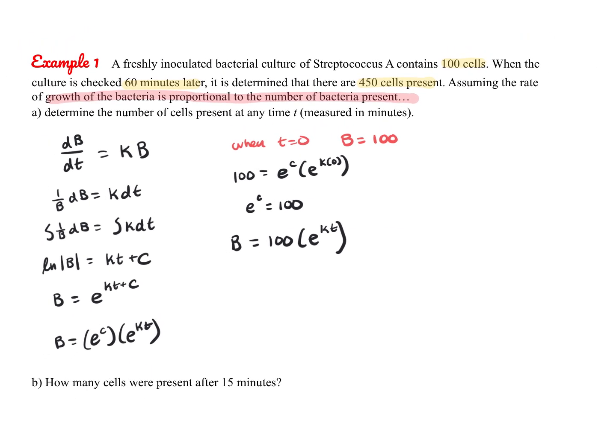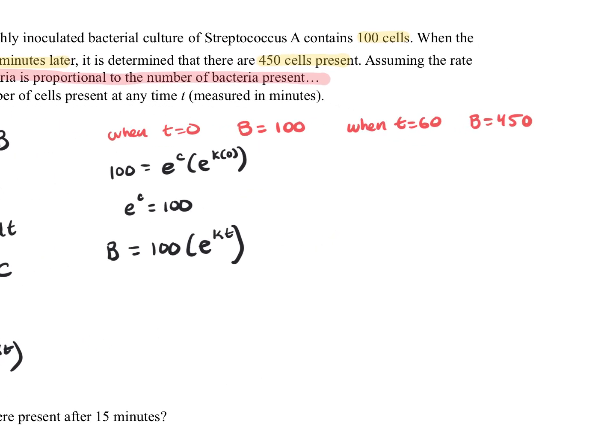Now here, you'll notice that we still have this k value, which we need to find. So we're going to use that second piece of information that tells us when t equals 60, the number of bacteria is 450. So now I can substitute that in. So I see 450 equals 100 times e to the power of 60k.